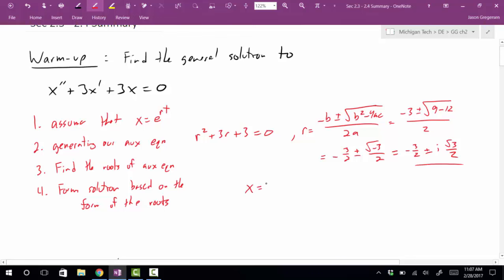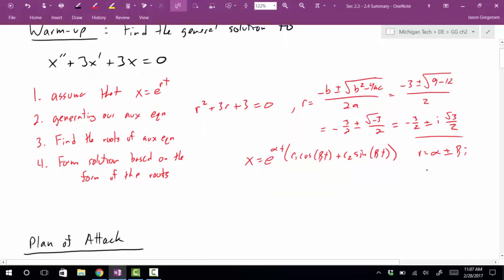That means our solution is going to look like e to the alpha t times the quantity c1 cosine of beta t plus c2 sine of beta t, where our roots are alpha plus or minus beta i. So in our case, our alpha is negative 3 halves, and our beta is root 3 over 2.